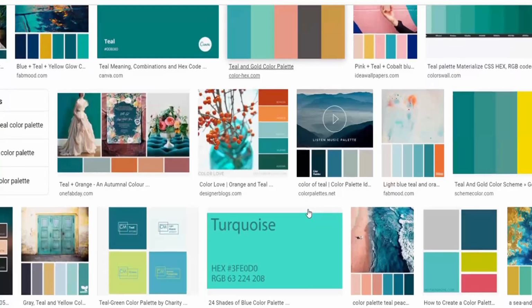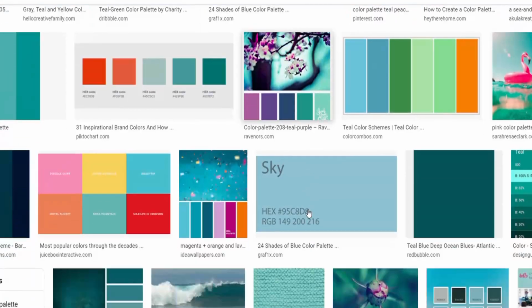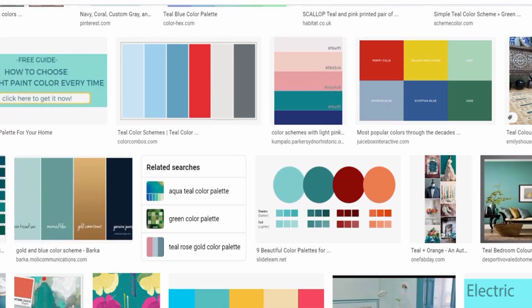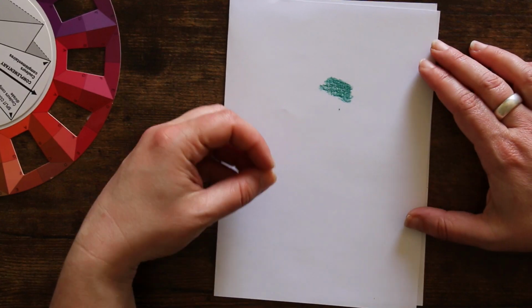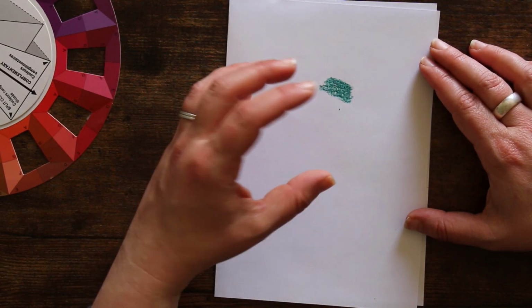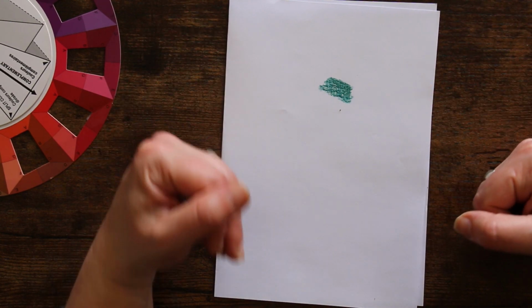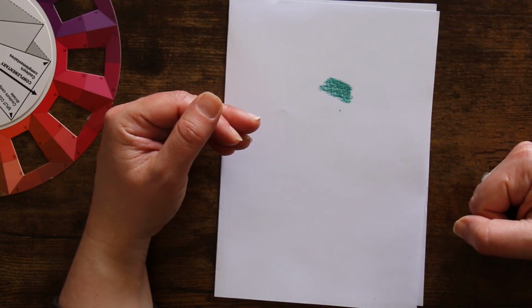So there's people that have picked out a specific colour, say in a sunset, and then they have matched up complementary colours to go with that. Either that or they have picked out and colour matched things from a particular image. So that is another good way, and again it's just about matching up your pencils after that.